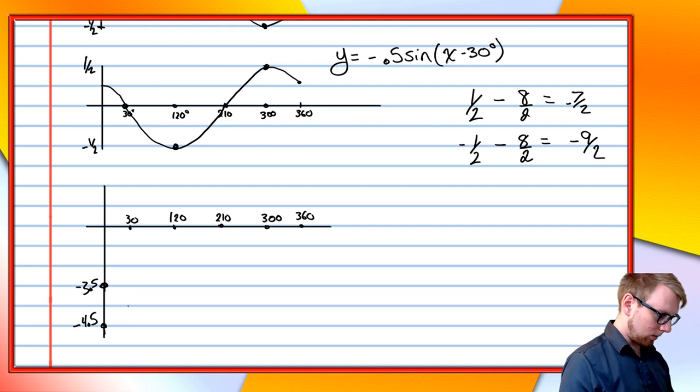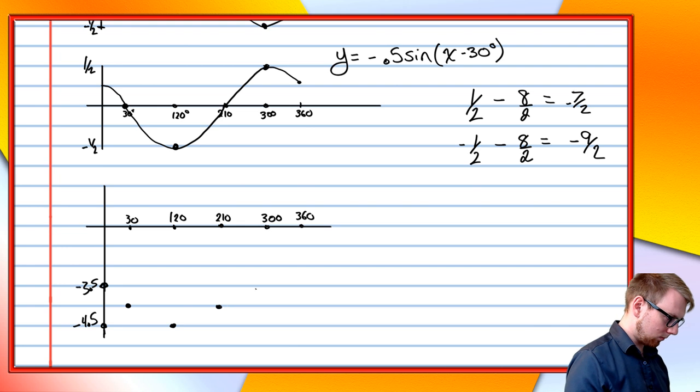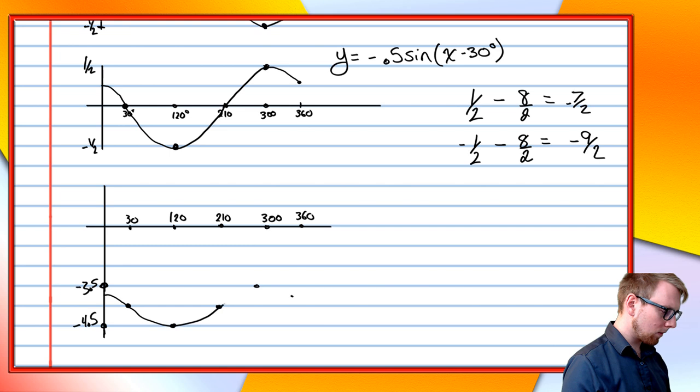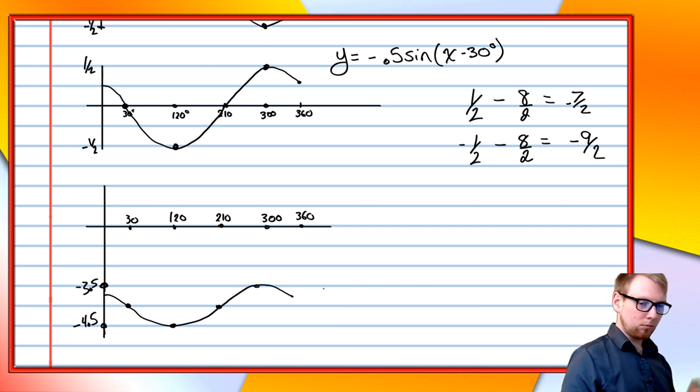30 degrees would be its zero. The 1, 2, 2. Here. There you go.